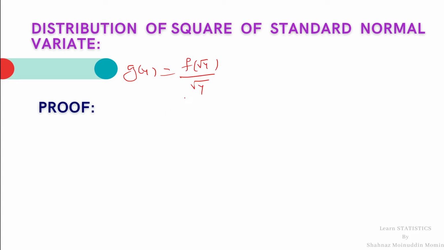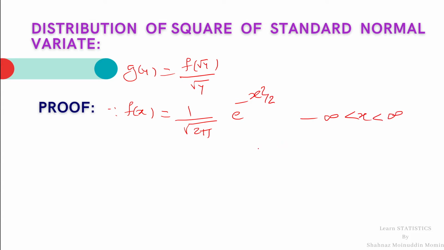We know that since we are given z is a standard normal, the PDF of z is fz equal to 1 upon root 2 pi e raised to minus z square by 2, for minus infinity less than z less than infinity.